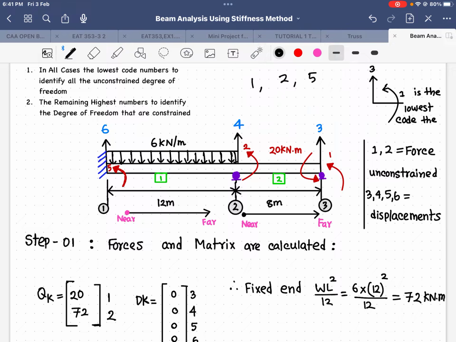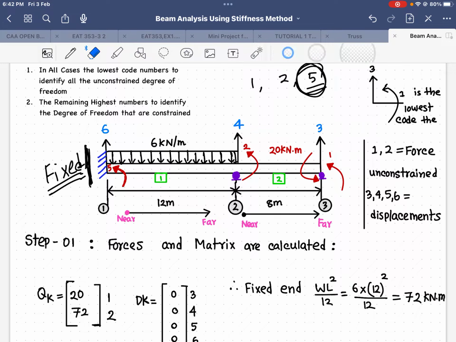In this case I cannot take 5 as unconstrained, because this side is already fixed. So 5 is not eligible as QK.